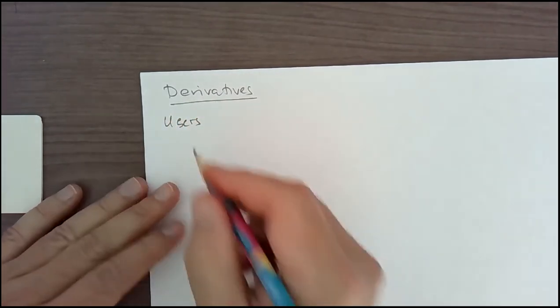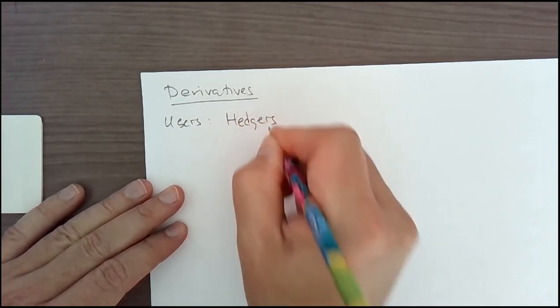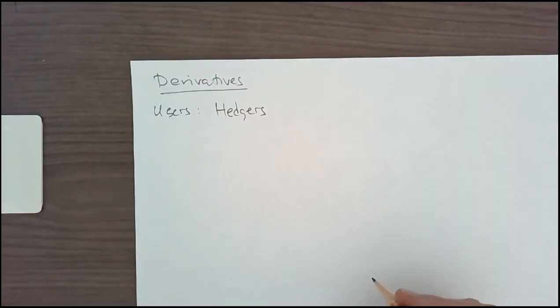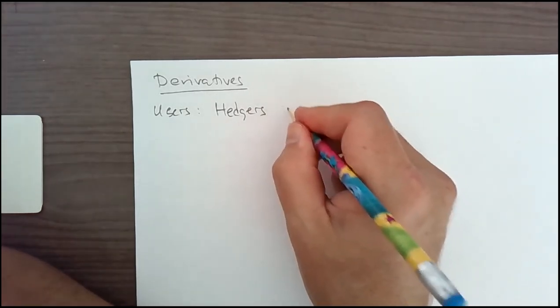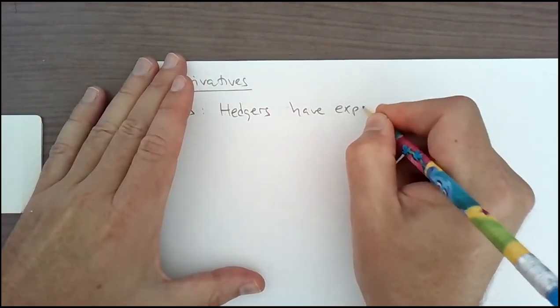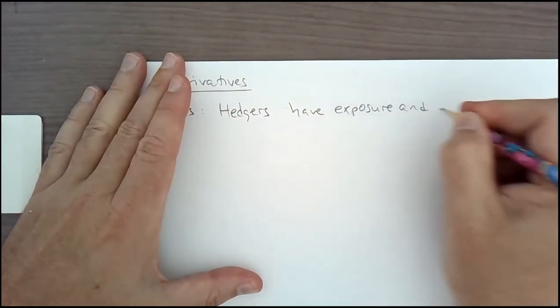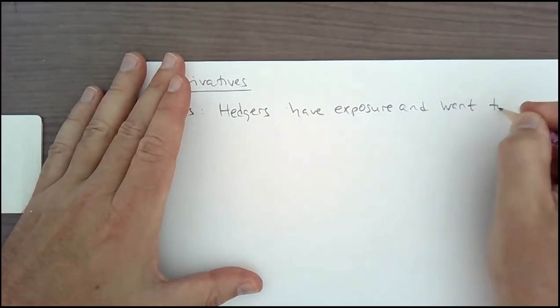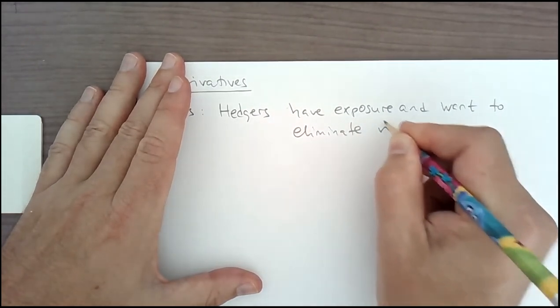So the users have traditionally been divided into what's called hedgers. Hedgers have exposure and want to eliminate a risk.